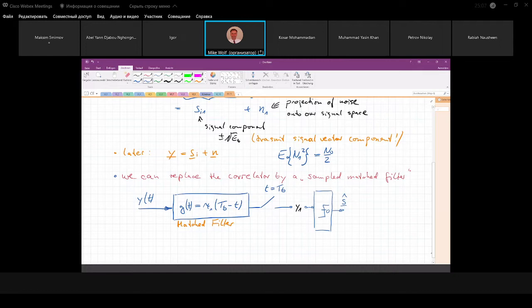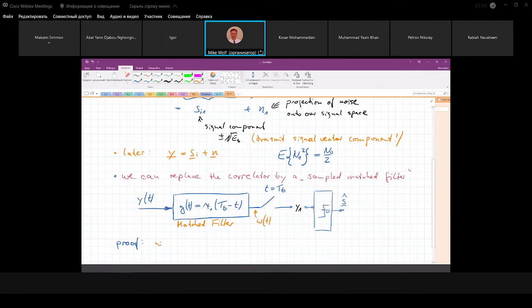And if we want to prove this, let's say we ask, why is it exactly the same as our correlator? Before the sampling, as a first step, we denote the signal at this point as W of t.